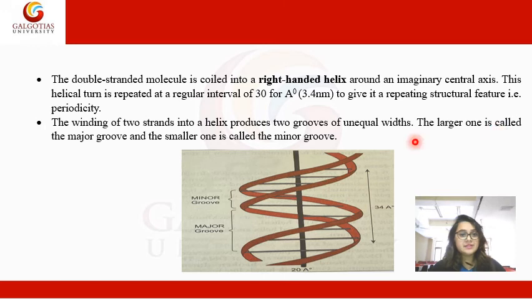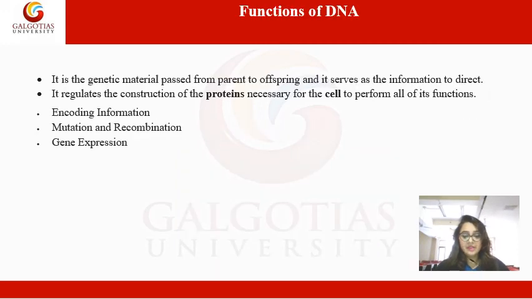The larger one is called the major groove and the smaller one is called the minor groove. So we can see this two-stranded helix. This is the minor groove, and this one is the major groove. So this is a right-handed helix with minor grooves and major grooves. So this is all about the structure of DNA.